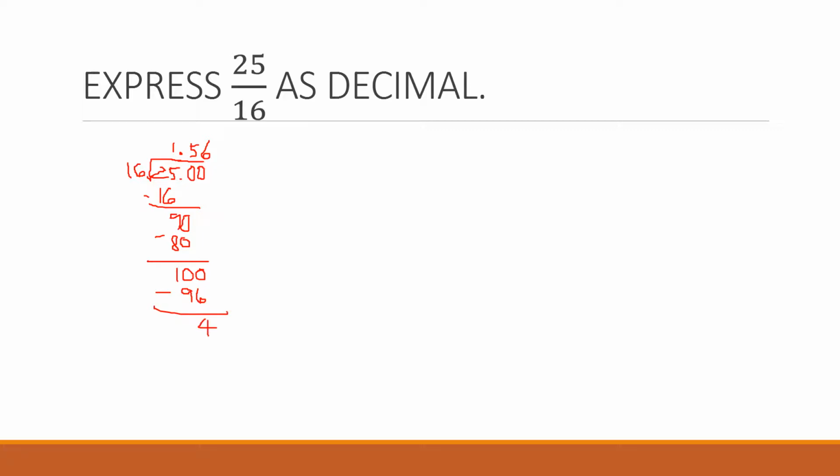And 4 divided by 16 cannot be done again, so you're going to add another 0. And 40 divided by 16 is 2. And 2 times 16 is 32. 40 minus 32 is 8.